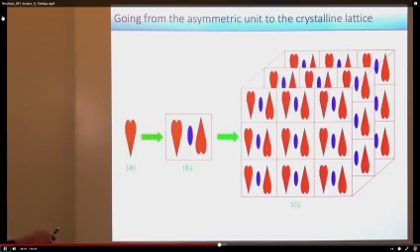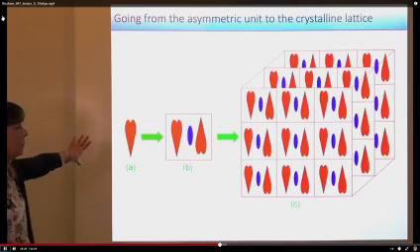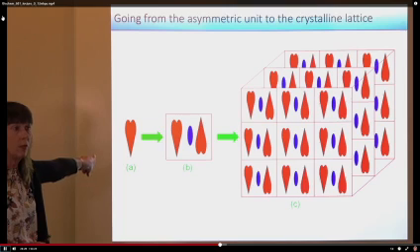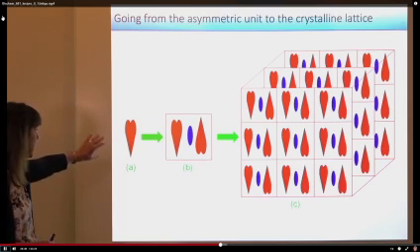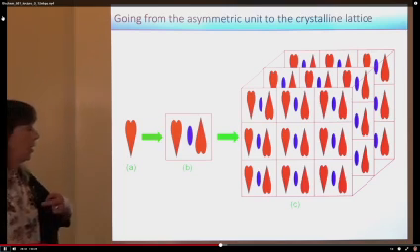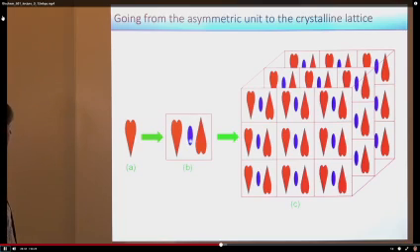So going from the asymmetric unit to the crystalline lattice, this is our asymmetric unit. Assume that's the protein, and we'll talk about what you can have in the asymmetric unit. Supposing you have a monomer, right? Then the unit cell, in this particular case, you solve that structure by the twofold that's dictated by the space group. You can generate the other asymmetric unit.